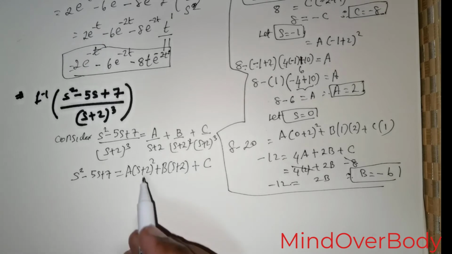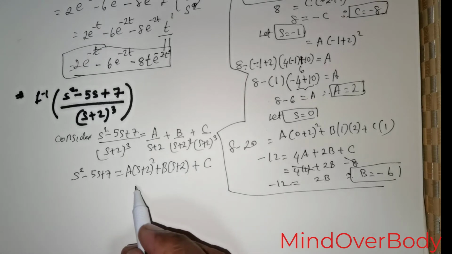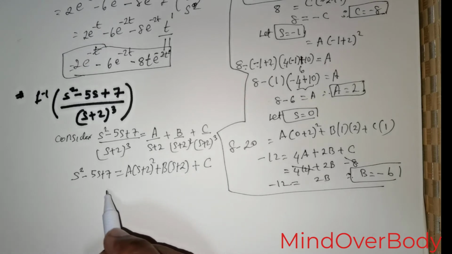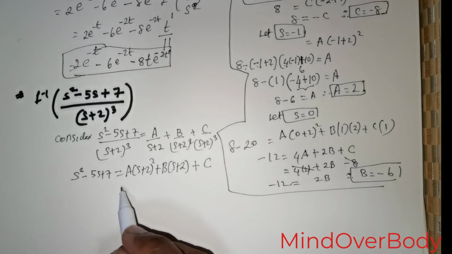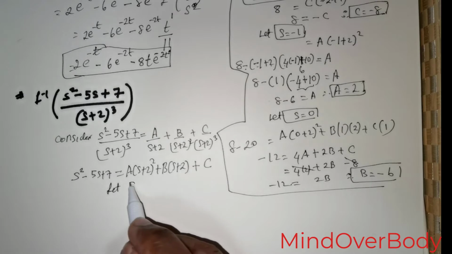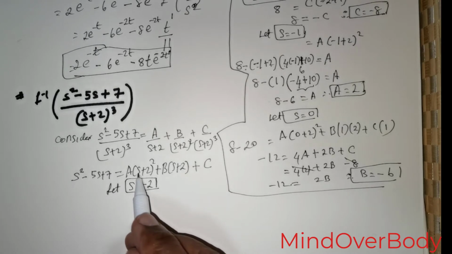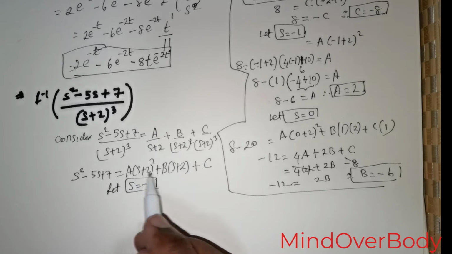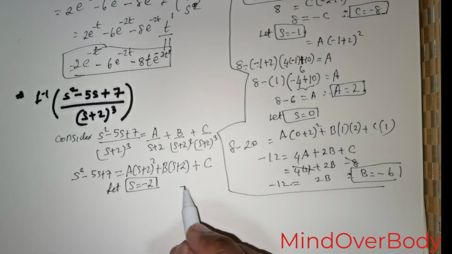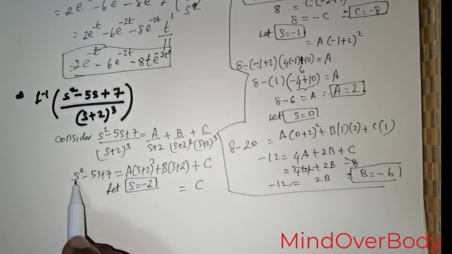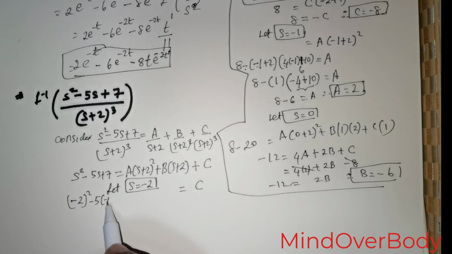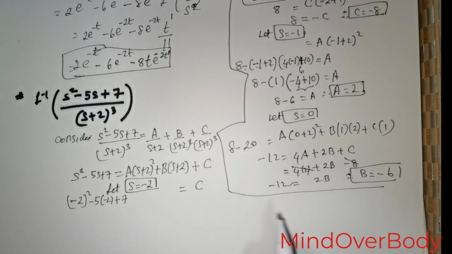To begin with, what I'll do is I'll let S be equal to negative 2. Now this will vanish, right? This is going to vanish, this is going to vanish, and I'm left with C. And then S is equal to negative 2, so this is going to be negative 2 raised to the power of 2, negative 5 times of negative 2 positive 7.